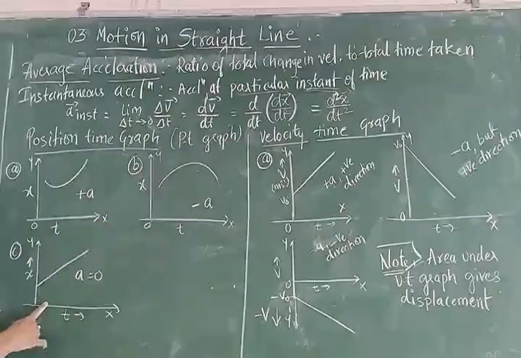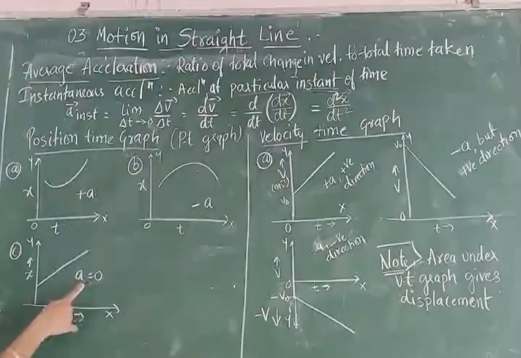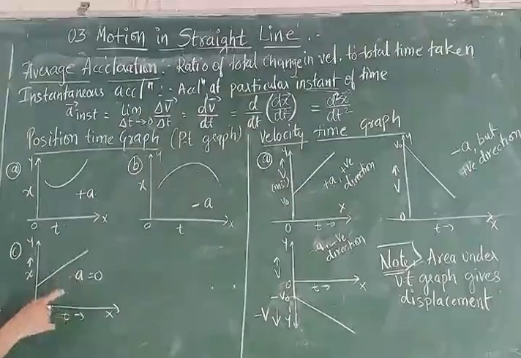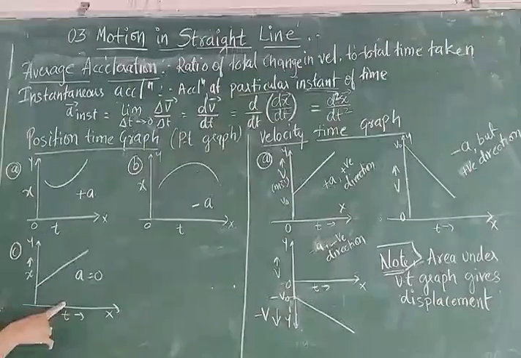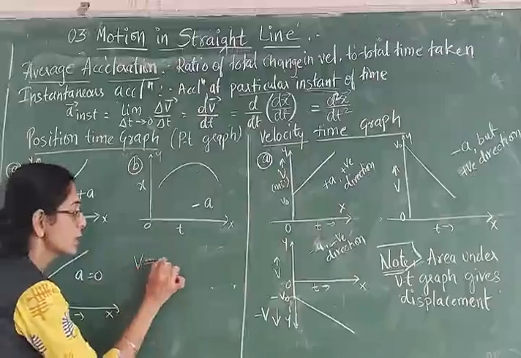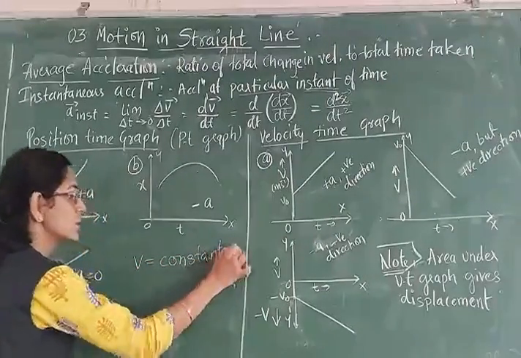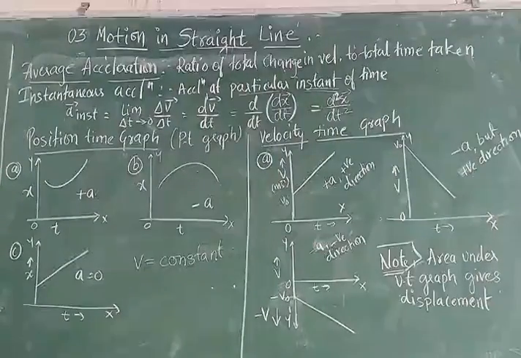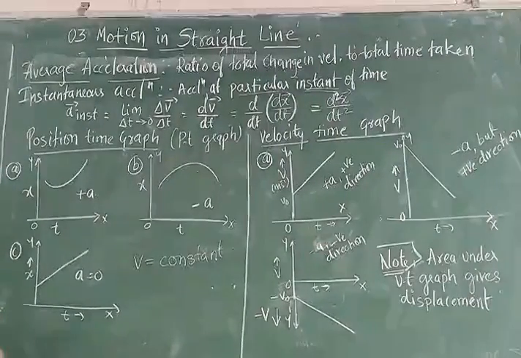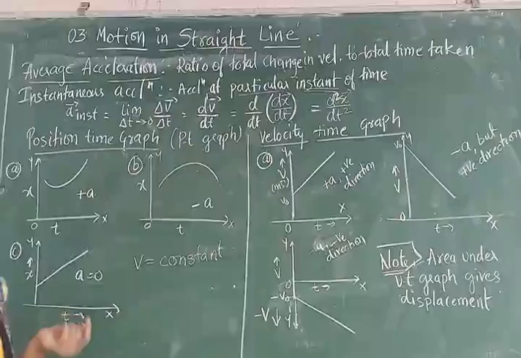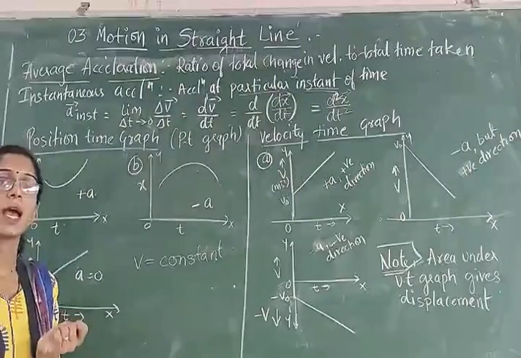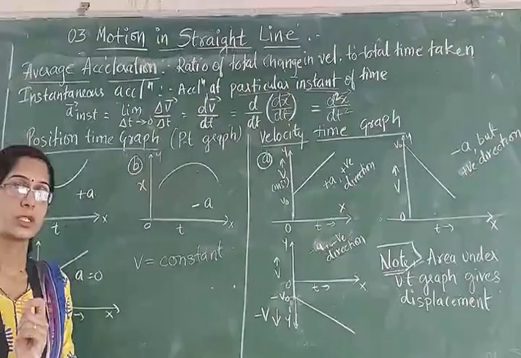And in certain cases, your acceleration will become zero. This is the case when the object's velocity remains constant. So when velocity is constant, the acceleration will automatically become zero. Why? Because acceleration is defined as change in velocity.